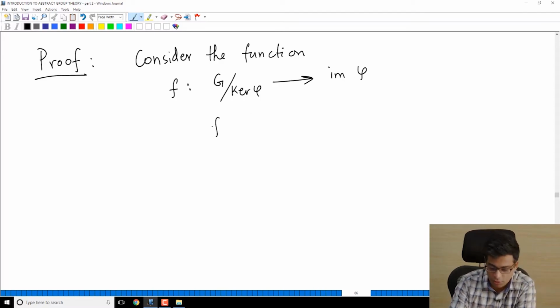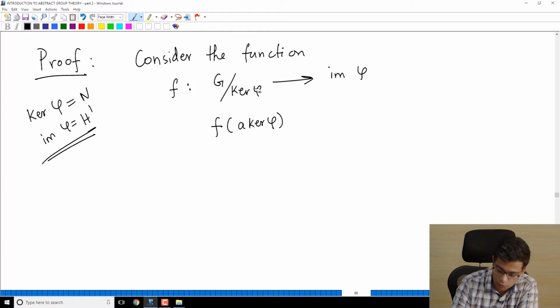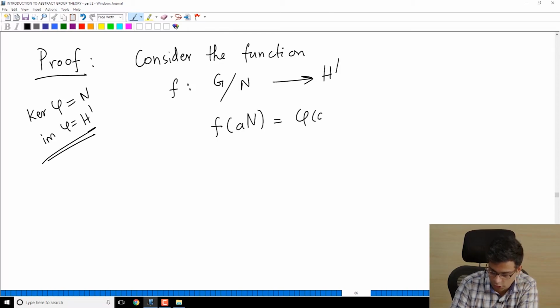What is the function? You take an element of G mod kernel phi which is of the form a times kernel phi. So I think it's probably better if I use letters like before. I'm going to rewrite this as f from G mod N to H prime, which sends aN to phi of a.